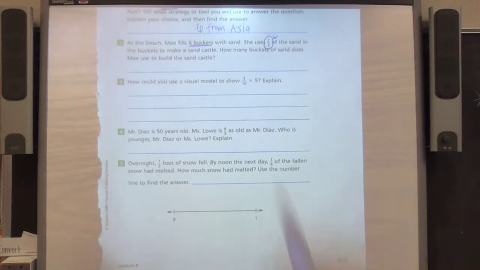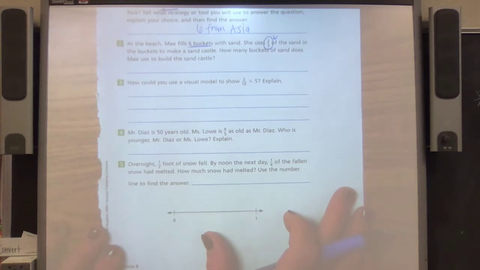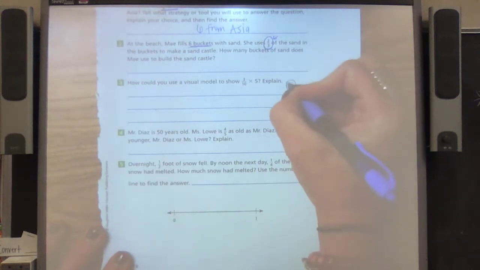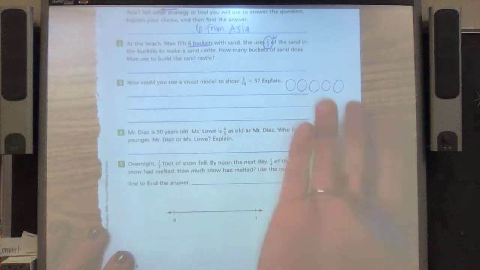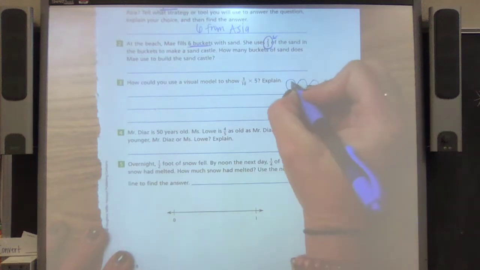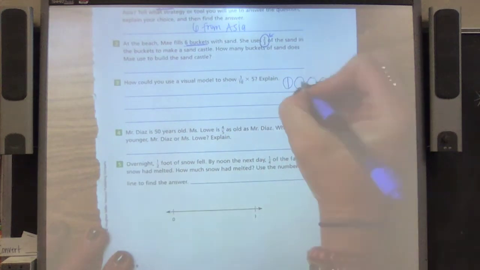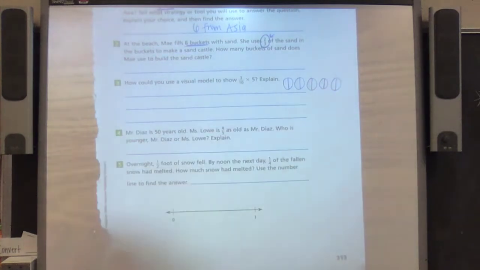So we're finding 3/10 of our 5. Well, there are lots of different ways. We could start with our 5 circles that we've got, or we can draw circles to represent our 5, and if we divide them in 2 parts, now I've got them into tenths, or 10 parts.